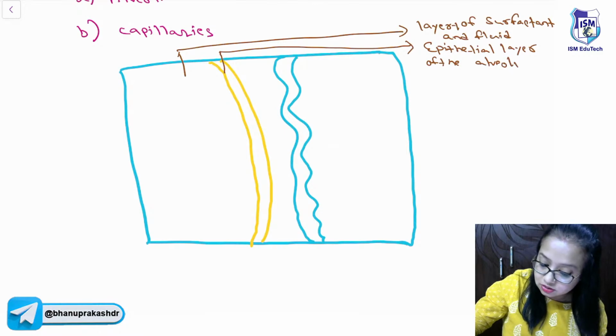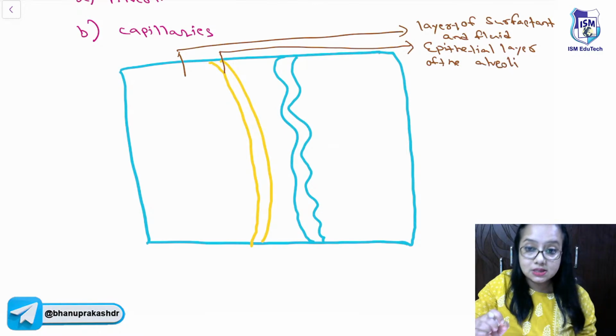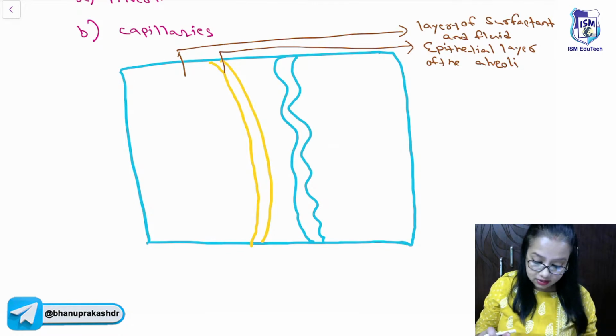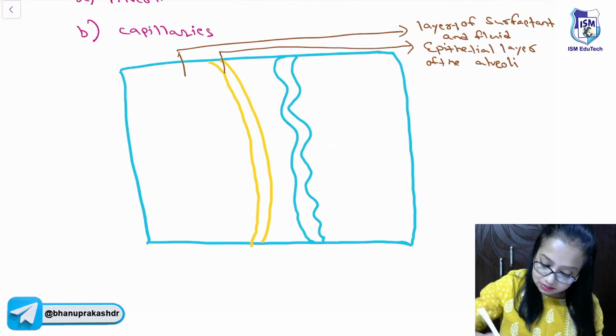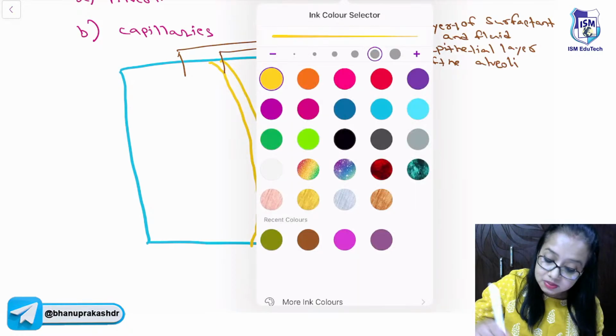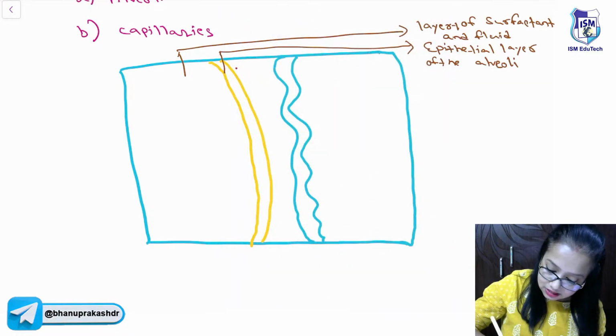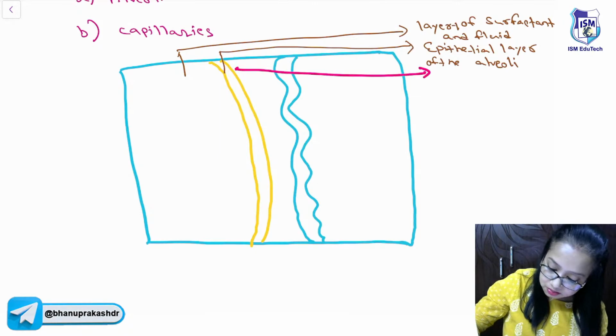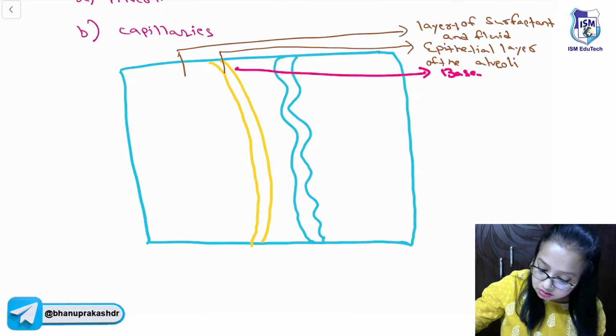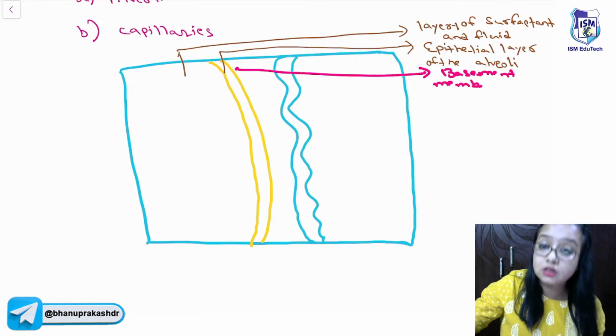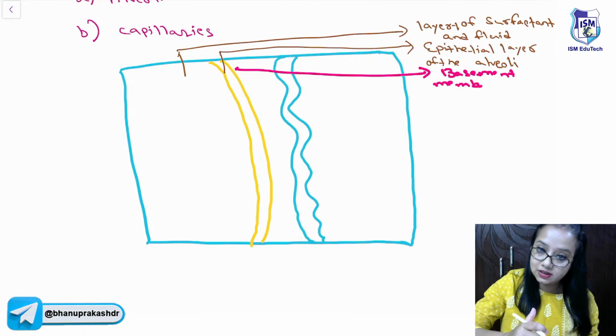The alveoli, as we studied earlier, is made up of simple epithelial cells, so that one layer is there. After that comes the basement membrane on the alveoli side.